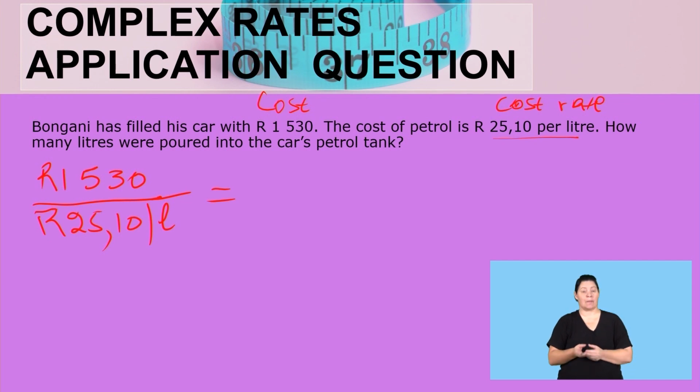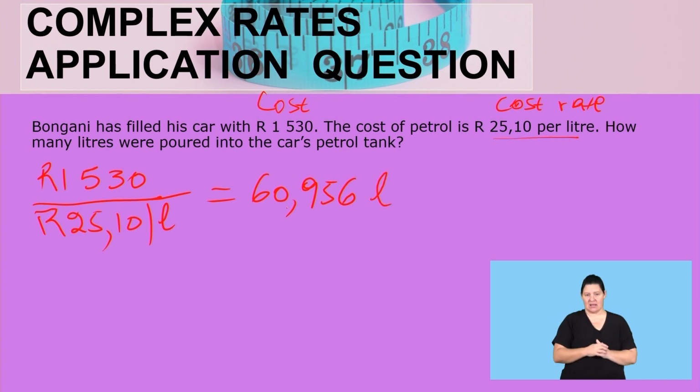So what we get there is 60.956, and then this is the liters. But the question is how many liters? So this is just the liters that were poured. We don't have to round up or round down in this case because these are the actual liters which were poured using this amount. So now the rand will cancel with the rand.